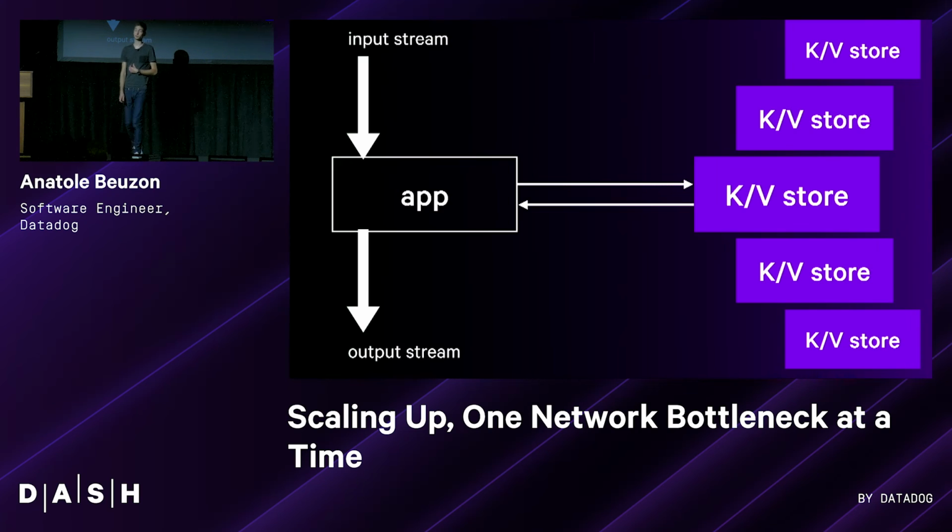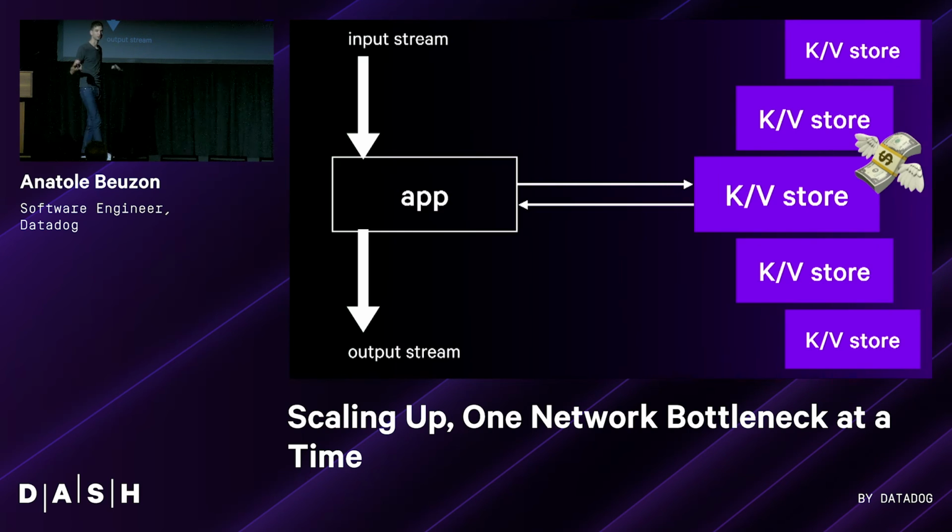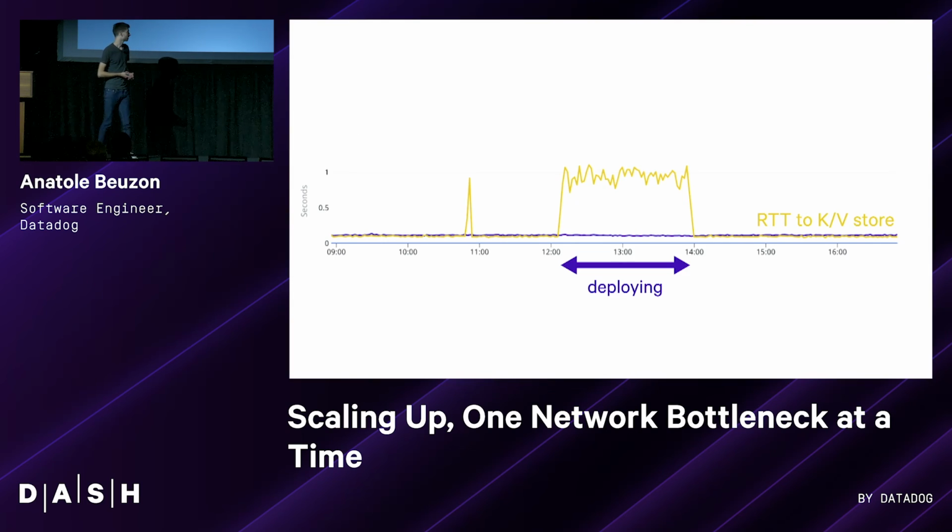So we scale out the key value store to try it out. Adding more instances, increasing the CPU allowance, literally throwing money at the problem, and checking if we still have the issue. And we look at the results, and it's not so great. No improvement, still getting paged, same 1 second round-trip time, more coffee spills.